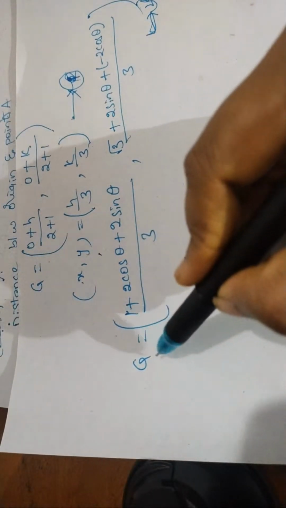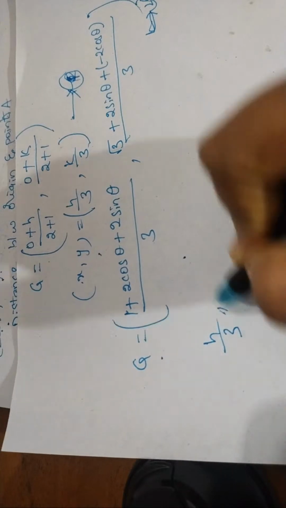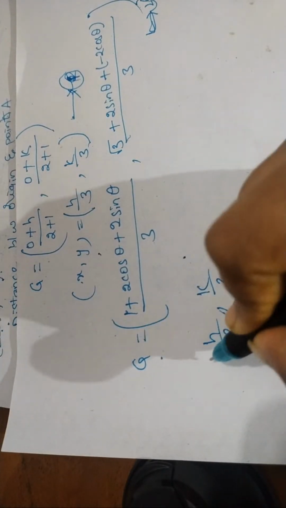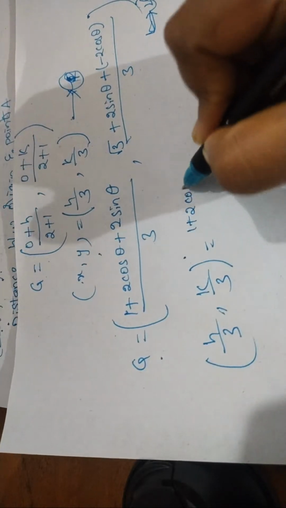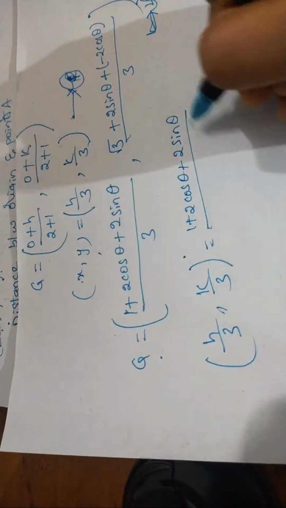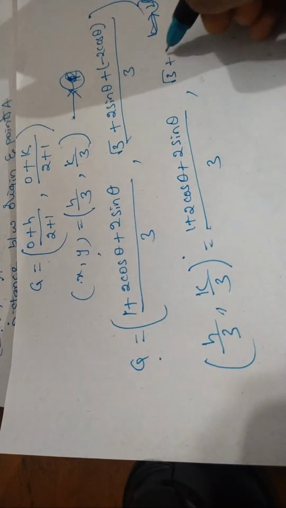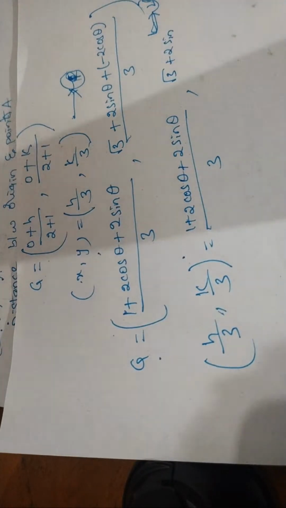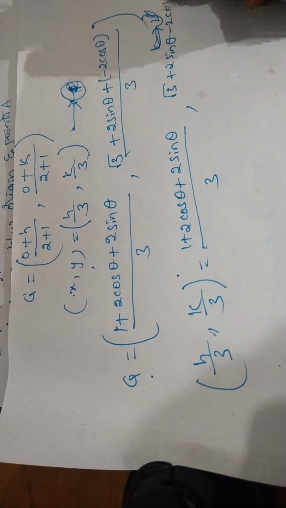So what are the G points? (h/3, k/3) equals ((1 + 2 cos theta + 2 sin theta)/3, (root 3 + 2 sin theta minus 2 cos theta)/3).